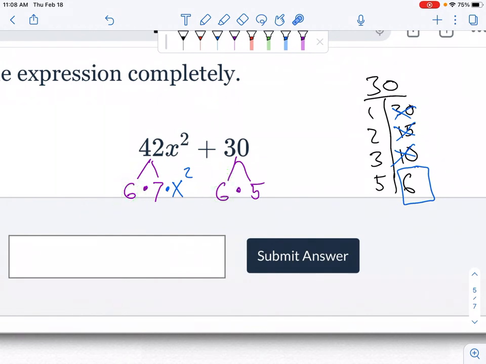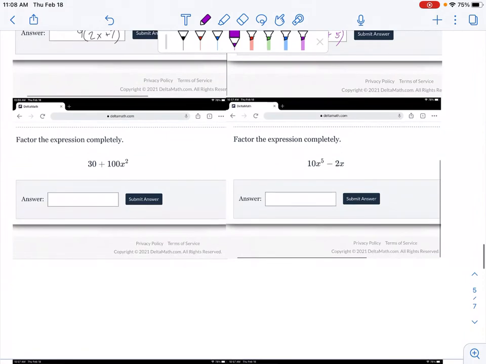So if I were to divide out a 6, here's what we have left over. We have 7 times x squared plus 5. So we're just writing what's left over.